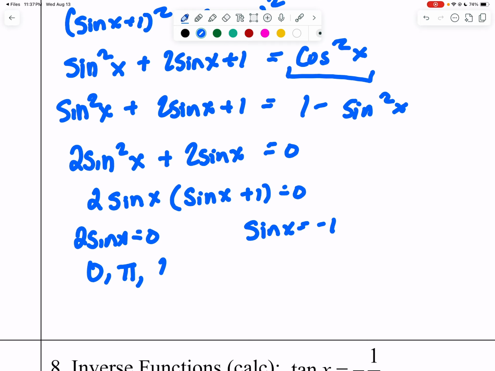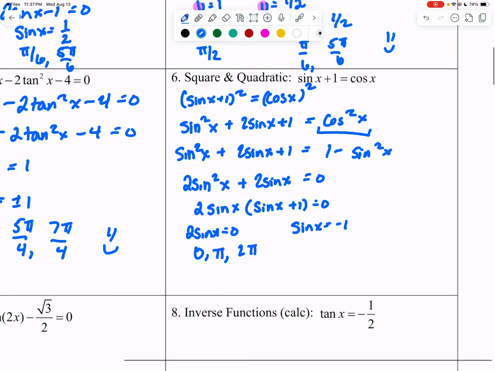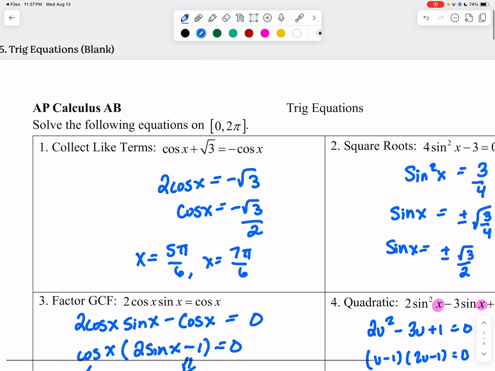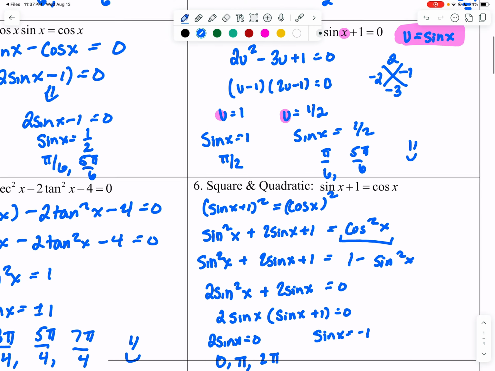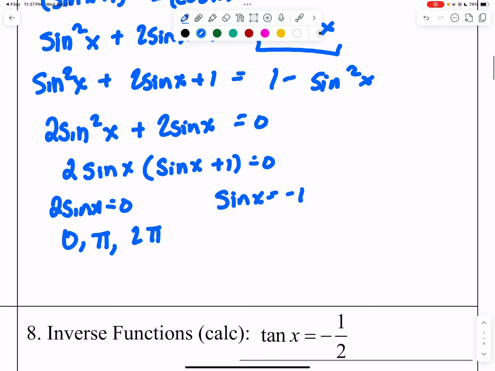Now, because the directions say it's from 0 to 2 pi, we're also going to include 2 pi in our answer. And then looking at sine of x is equal to negative 1, we are going to say that x is equal to 3 pi over 2.